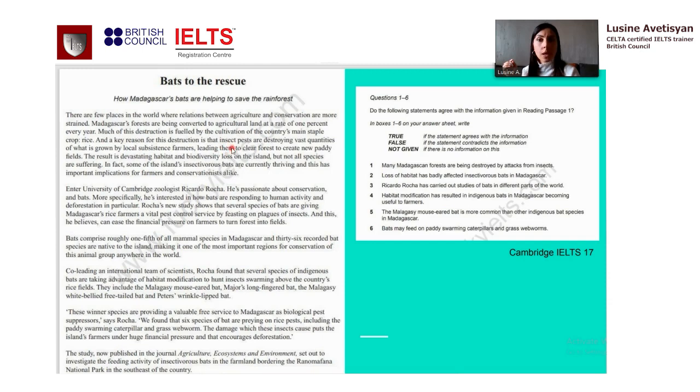Who is this them? Is this the insects? Leading them to clear forests. This them refers back to the word farmers. So leading the farmers to clear forests to create new paddy fields. So the reason Madagascan forests are being destroyed is not that forests are being destroyed by attacks.